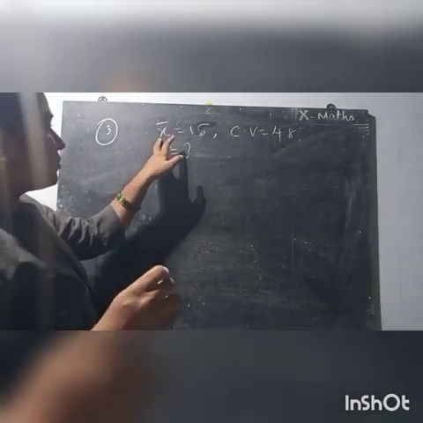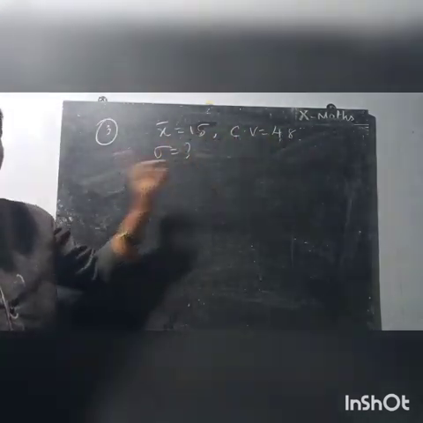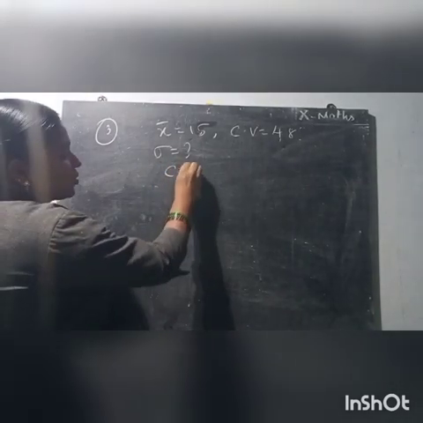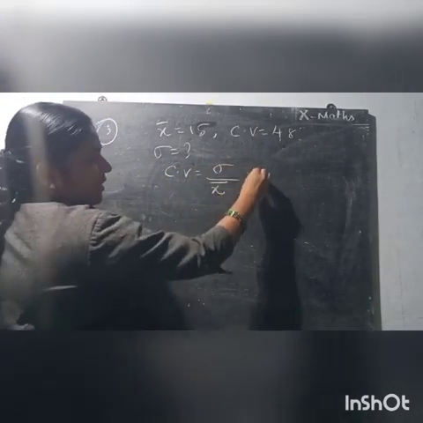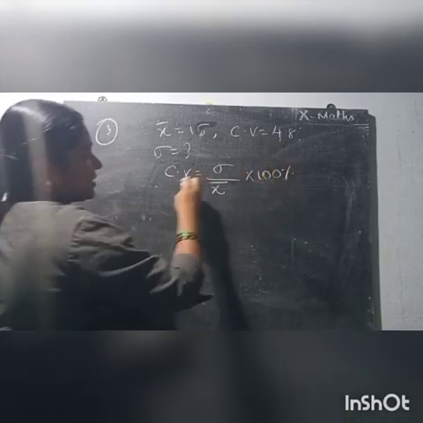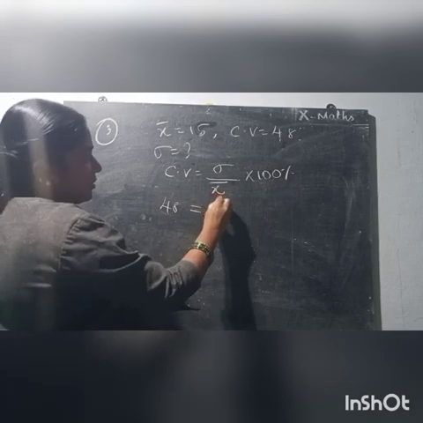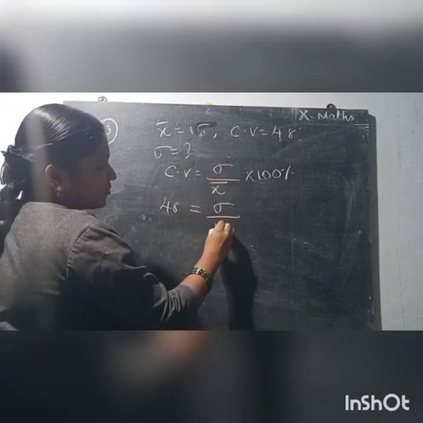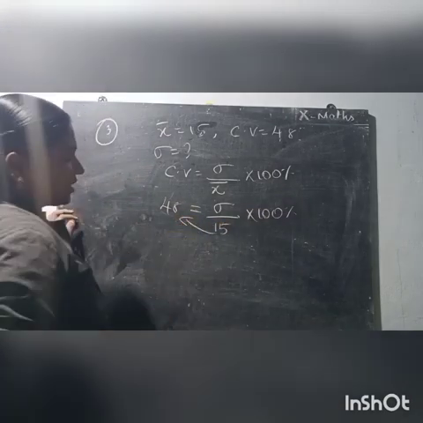See third sum, mean value and coefficient of variation value are given here. We want to find out the standard deviation value. So coefficient of variation equals standard deviation by x bar into 100 percentage. Now CV value is 48. So 48 equals standard deviation by x bar value 15 into 100 percentage. Bring this 15 here.